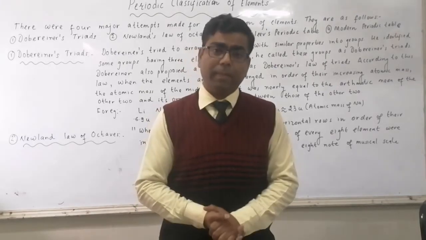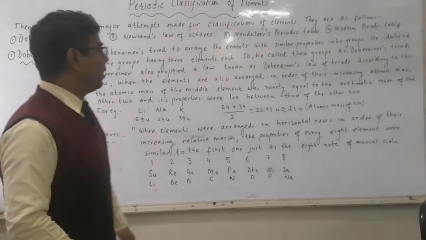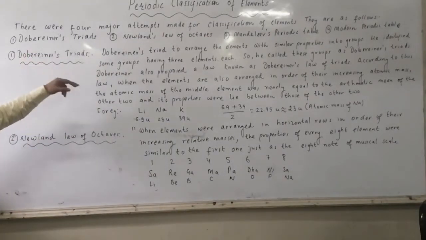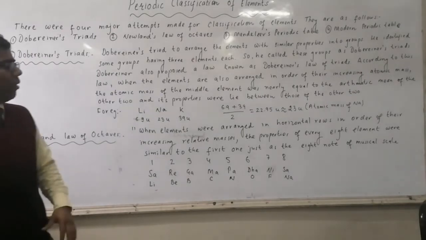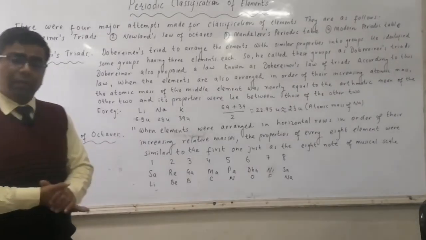In our syllabus, we have 4 systematic classifications. Number 1 is Dobereiner's triads. Number 2 is Newlands' law of octaves. Number 3 is Mendeleev's periodic table, and number 4 is the modern periodic table.